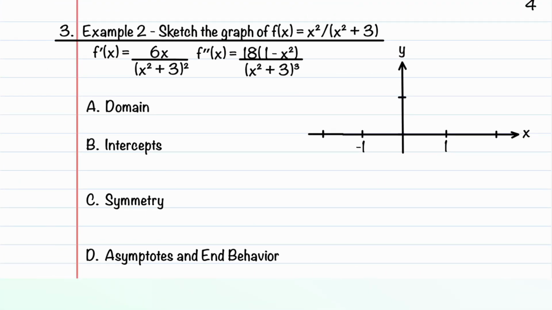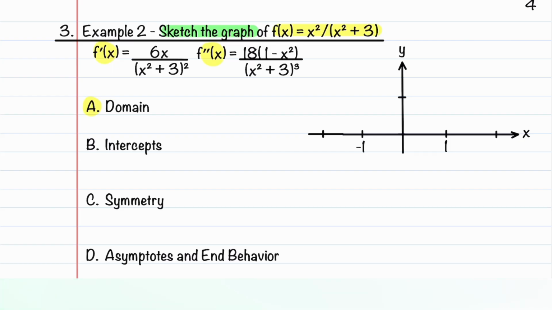We're now going to sketch the graph of a rational function. f of x is x squared divided by x squared plus 3. Just to make things easier, I already calculated the first derivative and the second derivative, so we can just focus on learning how to graph the function. Let's first look at the domain.